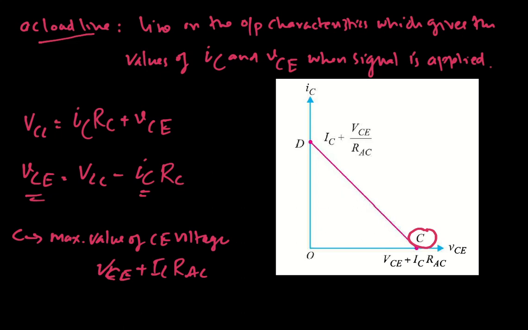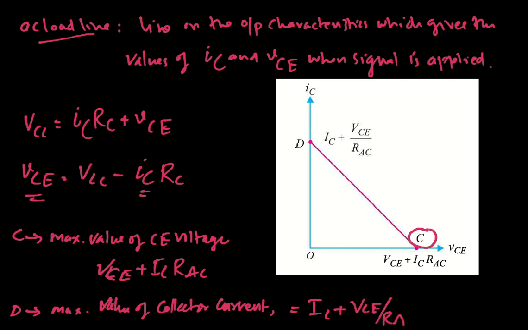The other point D is the maximum value of the collector current, which is obtained earlier, that this maximum value is equal to IC plus VCE divided by RAC.